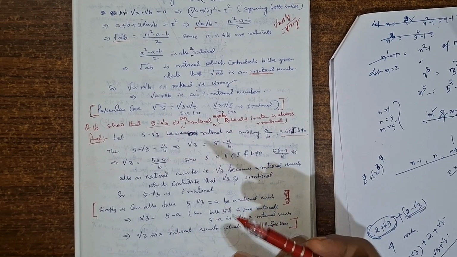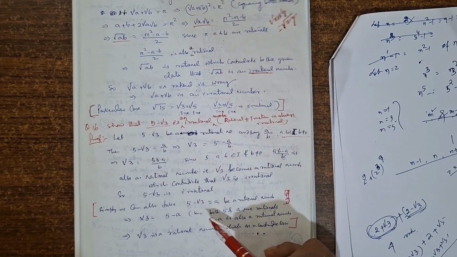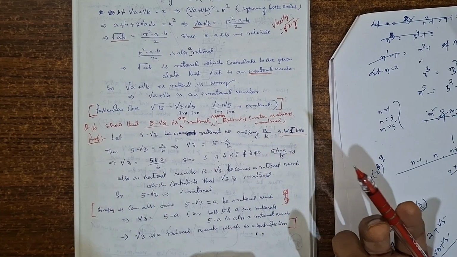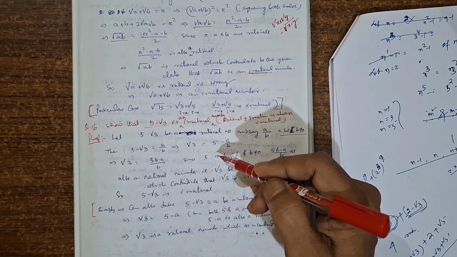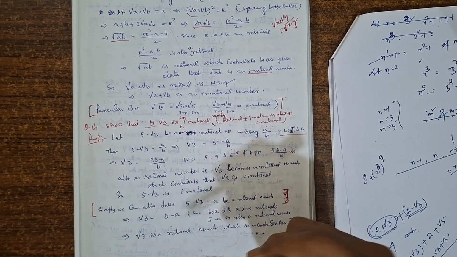Then 5 is rational, a is rational, so 5 minus a is rational. Either way, you can take a by b or simply a.